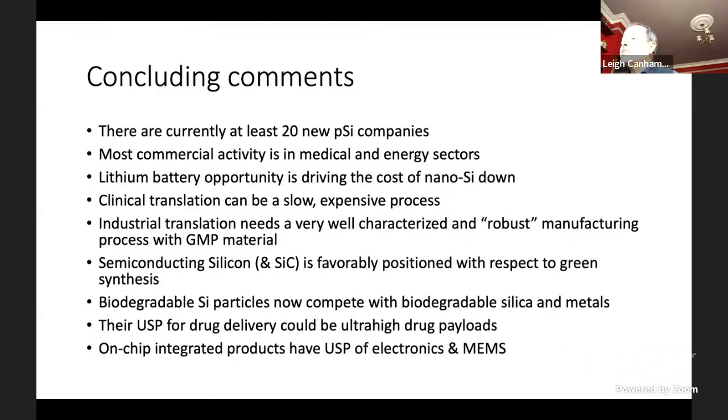So the unique selling point is not biodegradability, it's something else. For silicon, it might be ultra-high drug payloads. If we pay a lot of attention on synthesis and drying in particular, we can get very high surface areas, very high pore volumes, and that will translate to very high payloads.